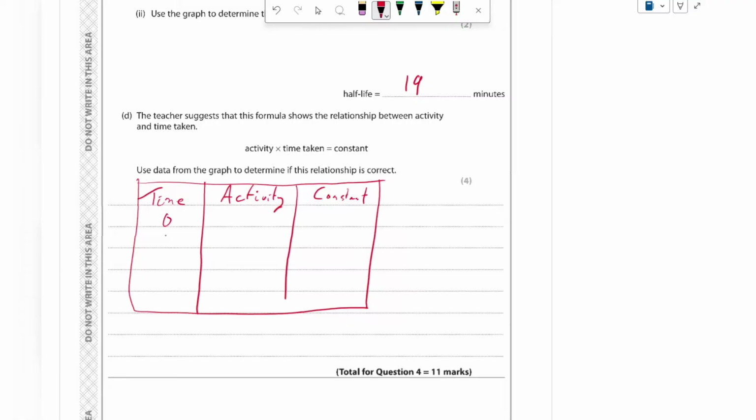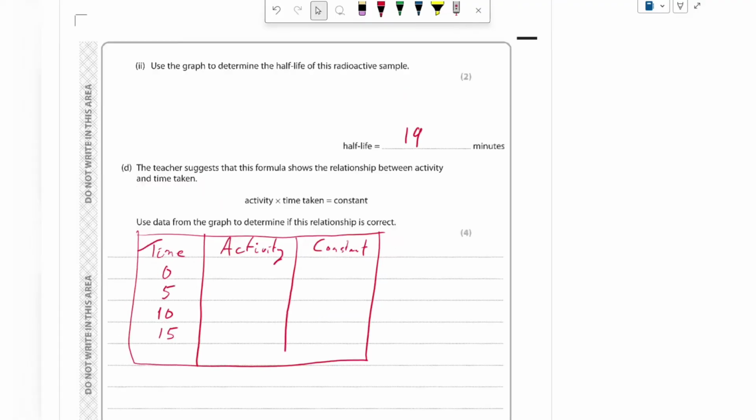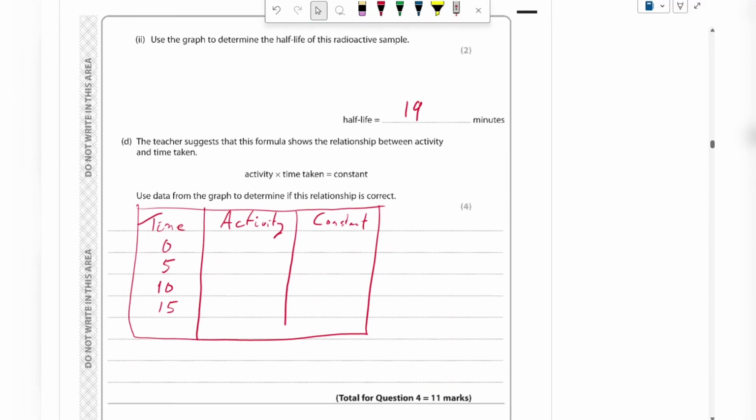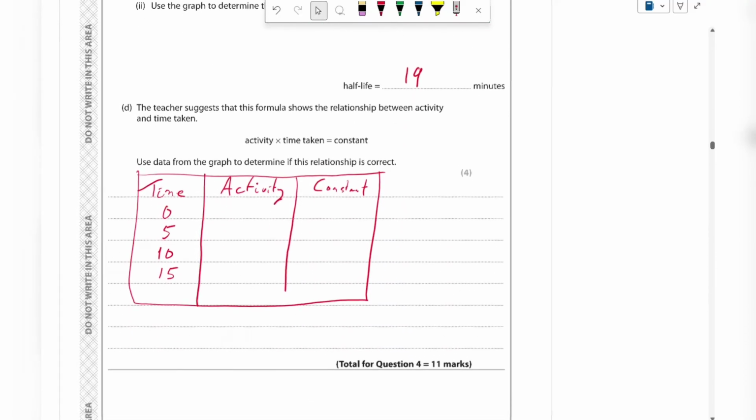So, at time 0, at time 5, at time 10, at time 15, whatever it is, take those readings from here and read off the time, read off the activity. So I think the activity is 1,200 here, 1,000 here, at 10 minutes it was 840, at 15 it's 700. Pick your own readings, probably try and spread them out across the whole graph, and then do it.